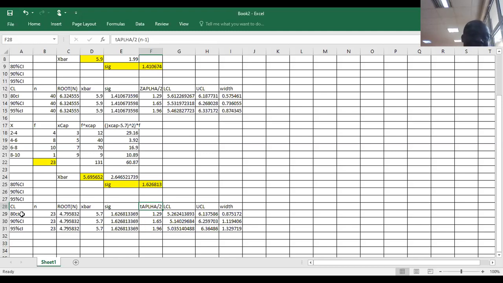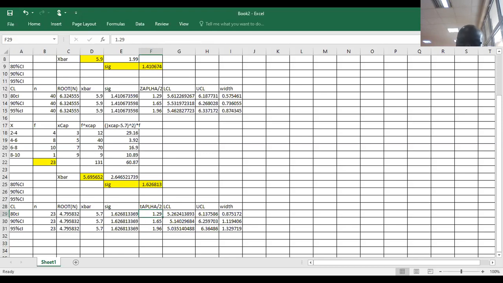So let's start with the 80%. I want to show you how to get T 0.1 at n minus 1 degrees of freedom. What is n in this sample? 23. So what's n minus 1? 22.